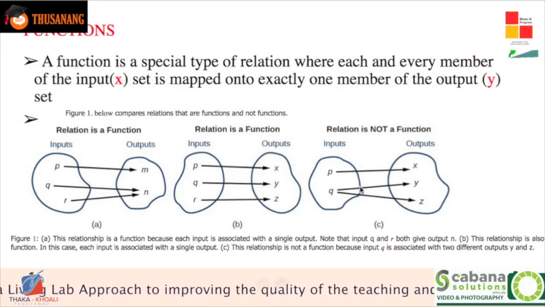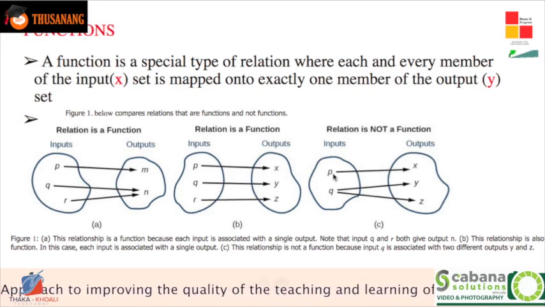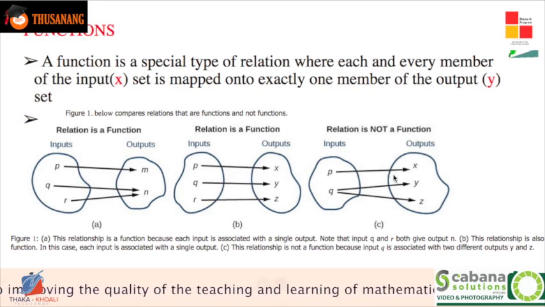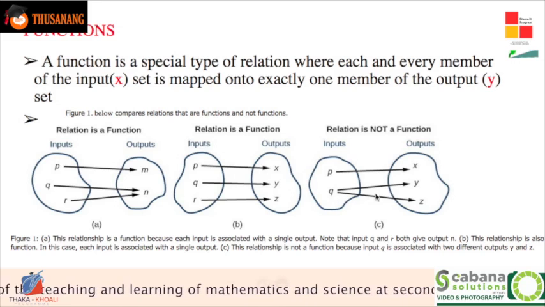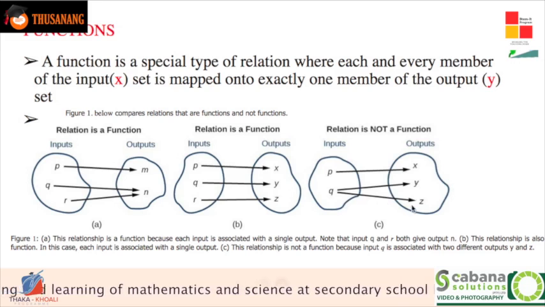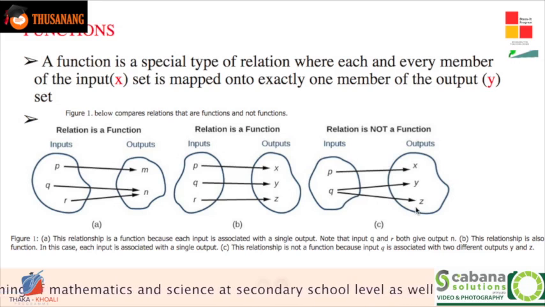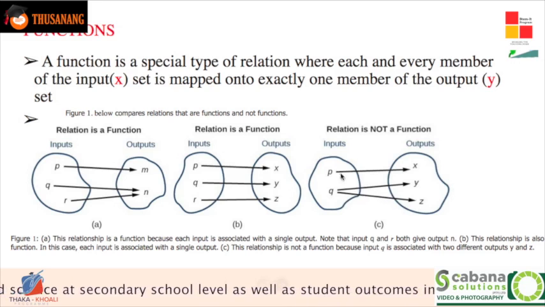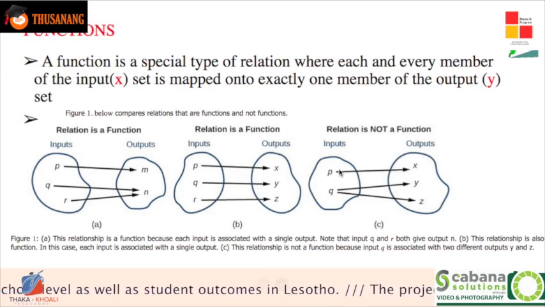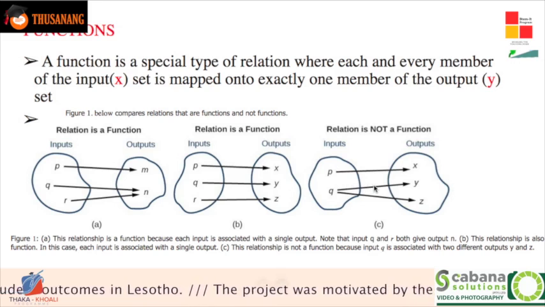But let's go to C. For C, we have P, which is our input, mapped to X, and we also have Q, which is mapped to Y and also mapped to Z. Remember what we said about a function: every element of the input should be mapped onto exactly one element of the output.